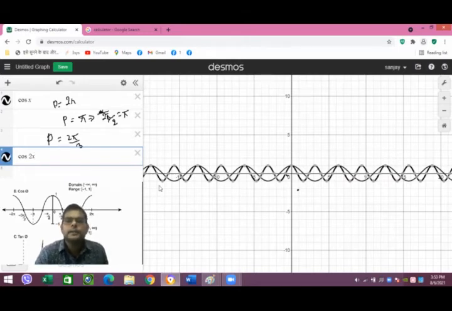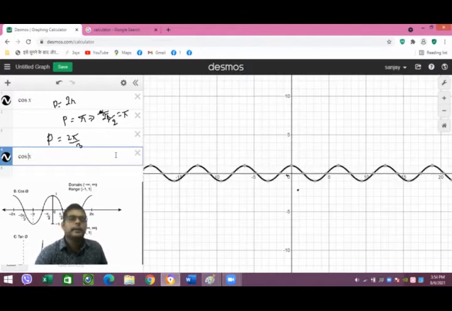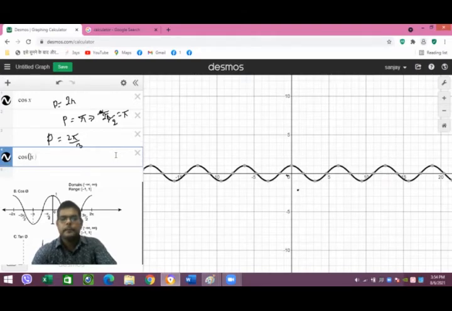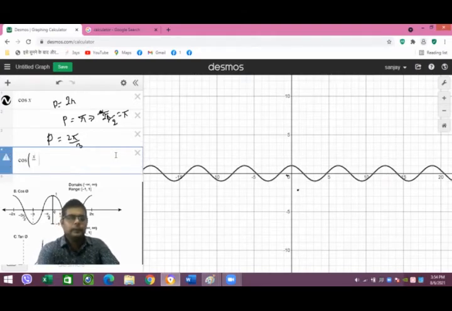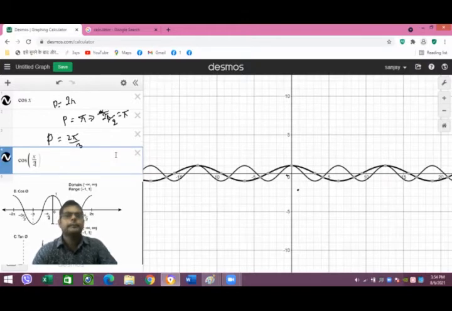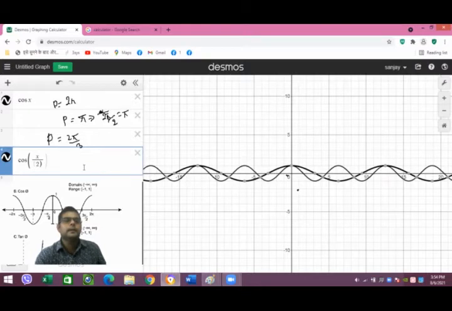So here you can see the expanded graph is for, sorry, not cos 2x, but cos x divided by 2, for example. All right, so this expanded curve is for the graph of cos x by 2. That means the angle has been halved in this case. So let's check here.